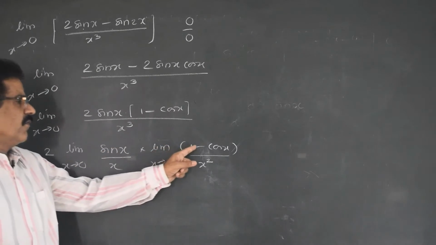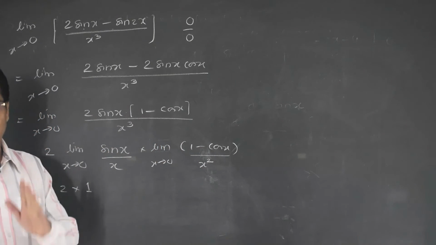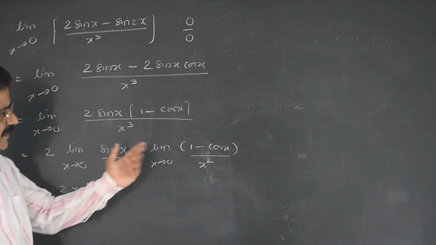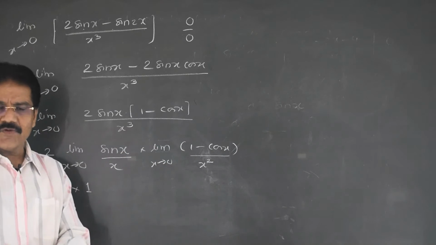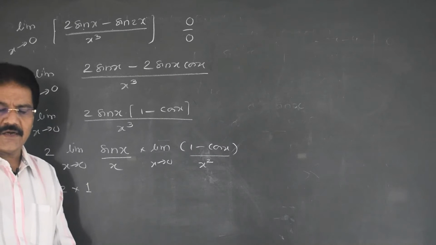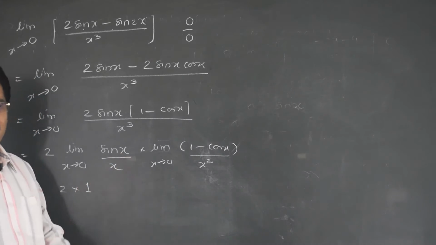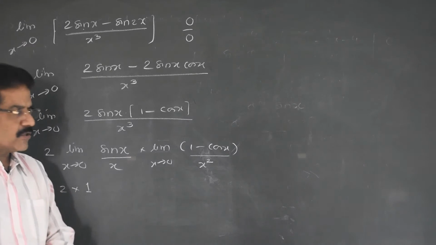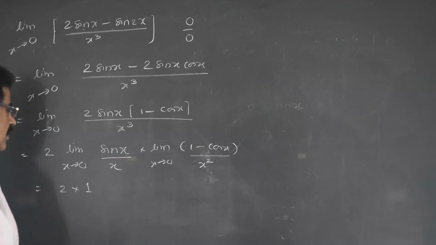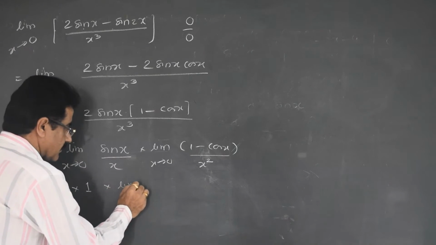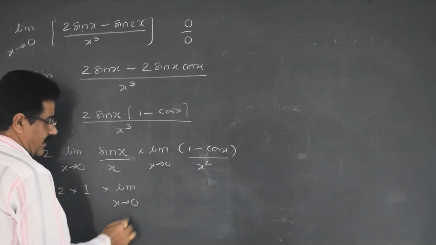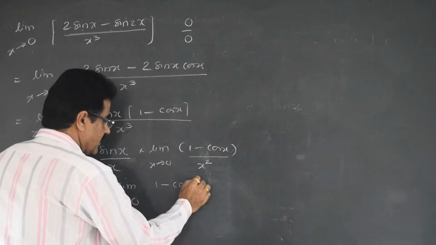Now further, 1 minus cos x upon x square is to be solved further. Now there are 2 ways to solve it. Either you can go for rationalization of numerator, or the second way is the half angle formula that can be used. So there are 2 ways after this to solve further. I am going to rationalize the numerator. That is the easy way of solving this example.